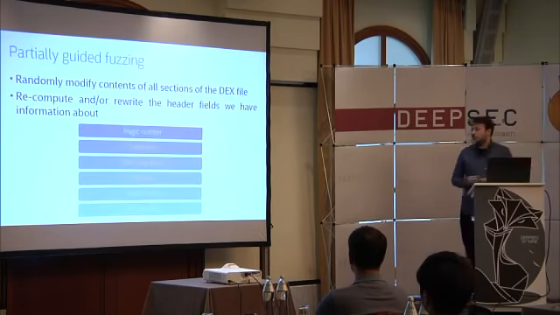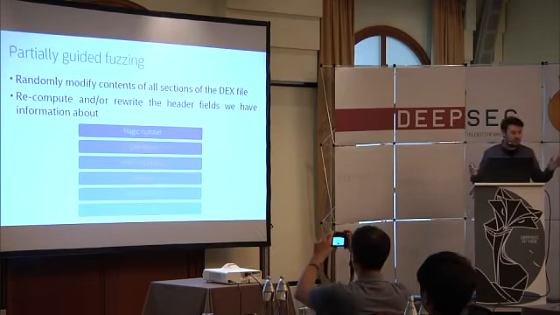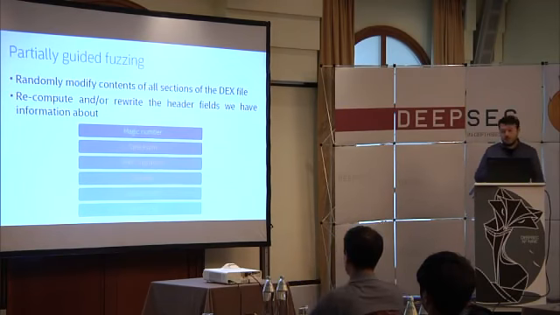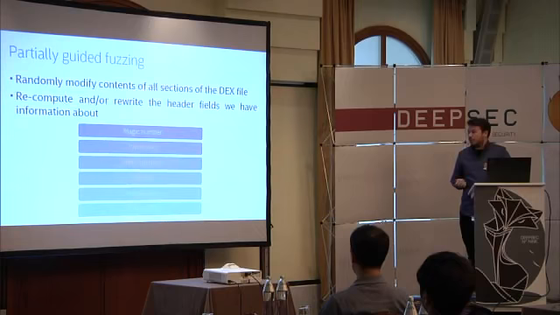In the partially guided fuzzing approach, we took the DEX file as a whole and started fuzzing randomly things inside it. Then we came back, took a look at the header, and tried to fix as much as possible. We have the magic number in the header, which is a constant, and also the header size and the endian tag.